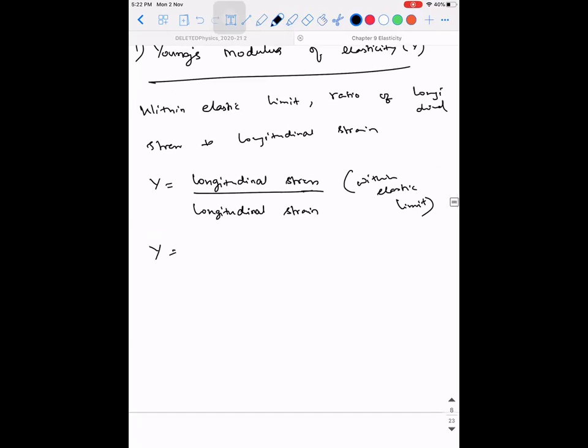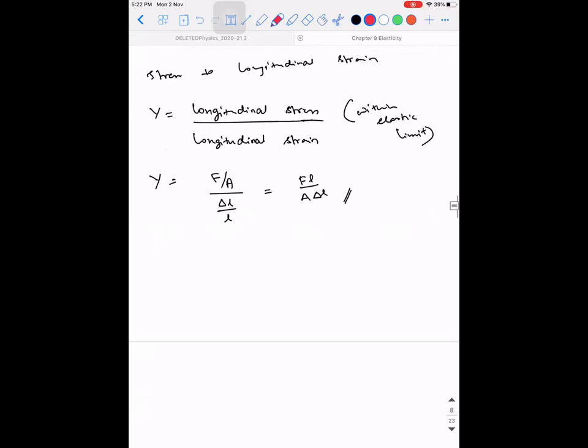So Y will be equal to longitudinal stress, the formula is F by A, over longitudinal strain, the formula is delta L by L. So this will also be equal to F into L divided by A into delta L. So this will be the formula: Y is equal to F into L divided by A into delta L.